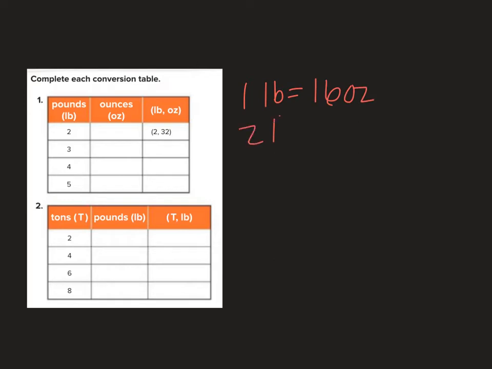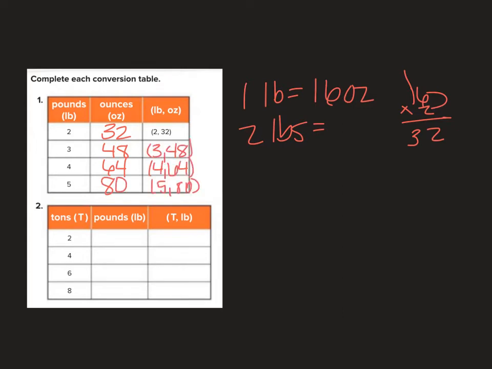So that means 2 pounds, I just have to do 16 times 2, which is 32 ounces. 16 times 3 is 48. 16 times 4 is 64. 16 times 5 is 80. All right, and then we'll put in our coordinates, our ordered pairs there.